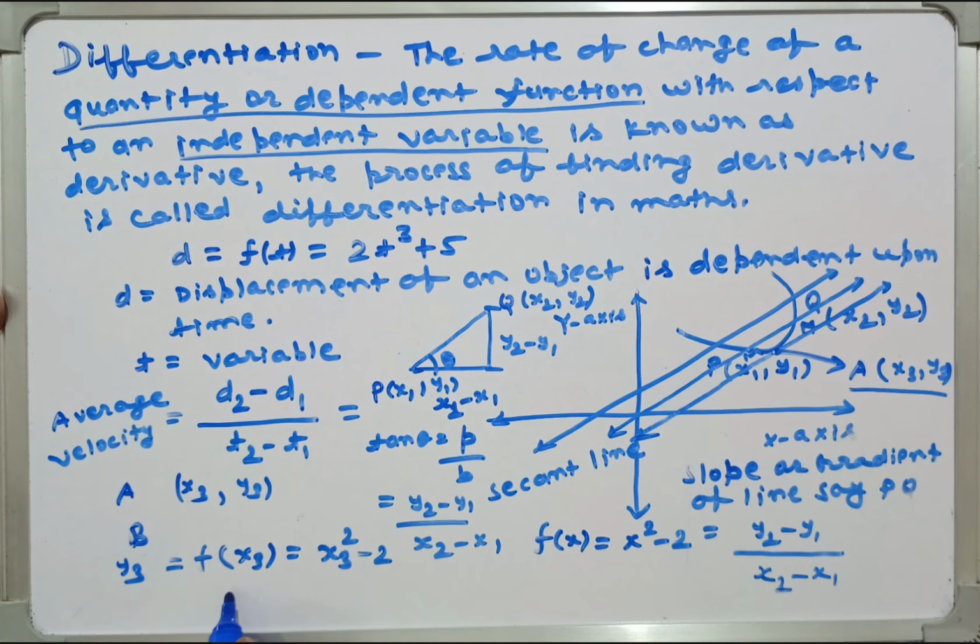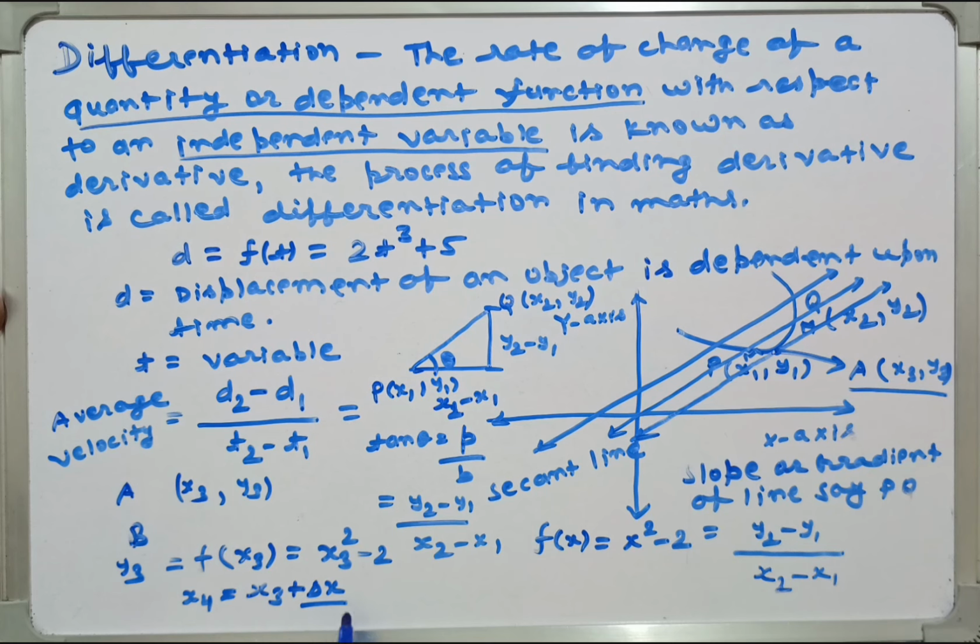Now suppose there is another point which is x3 plus delta x, or this has x coordinate equal to x4.